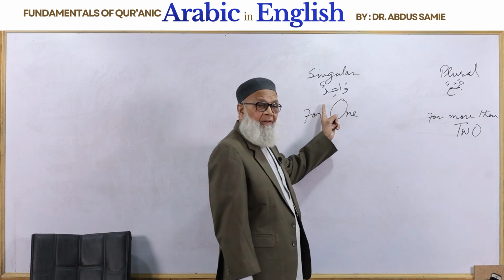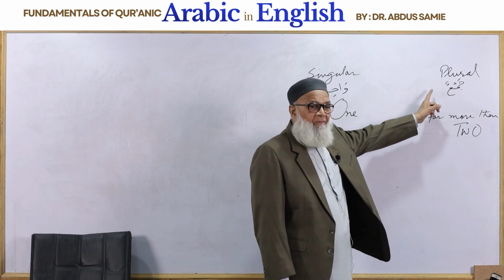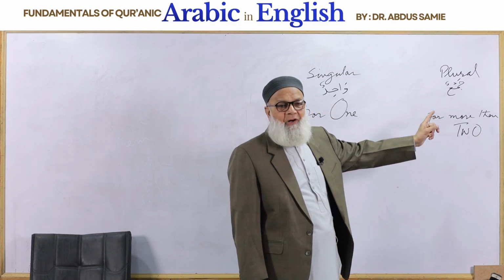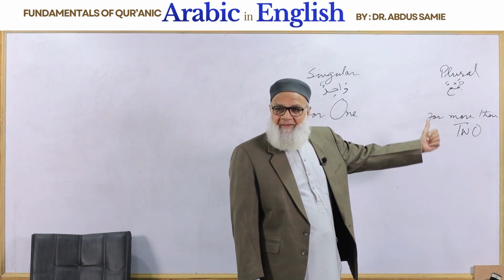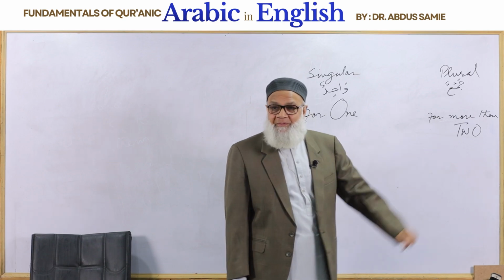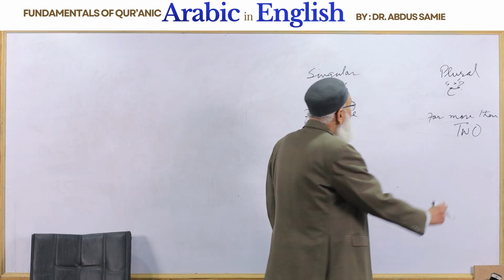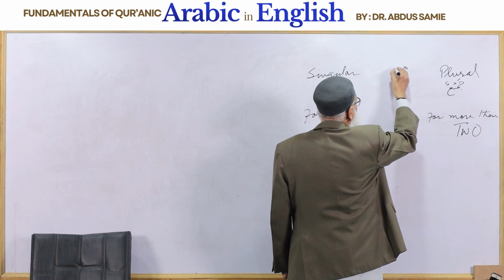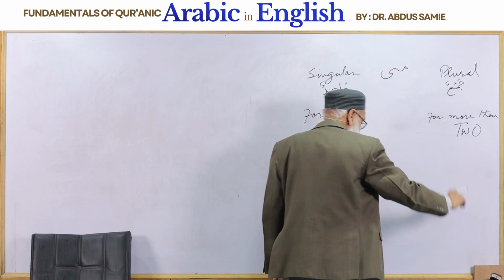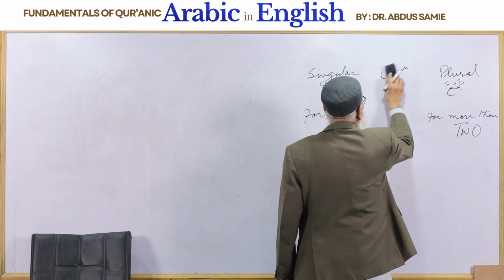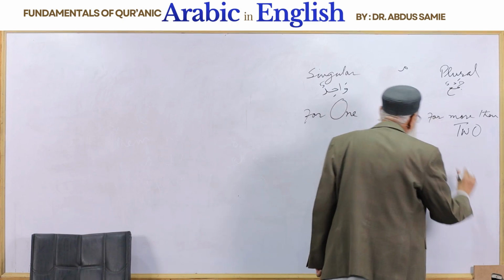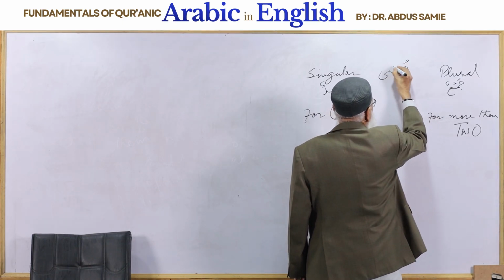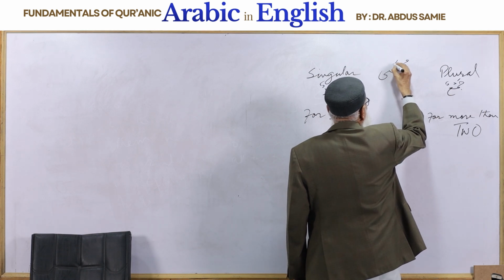In English, plural form was for more than one. In Arabic, the plural form or the jama form is for more than two. But for two, there is a separate form which is called muthanna.